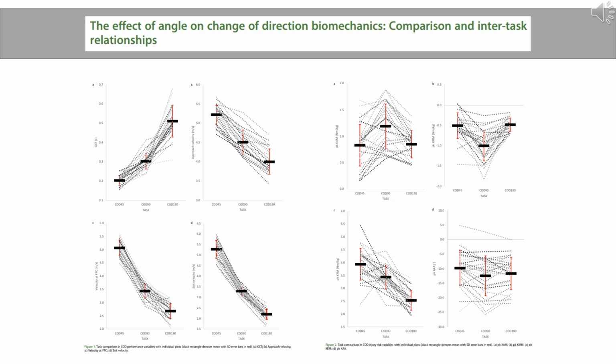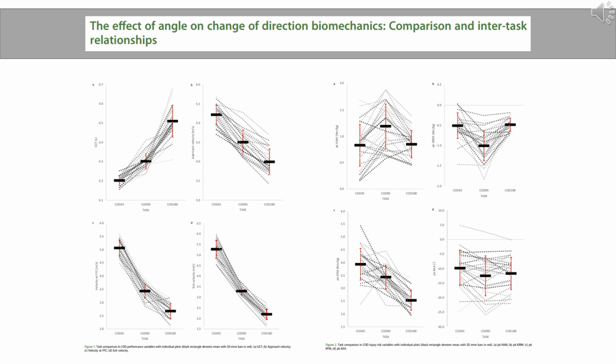The reason abduction moment is highest at 90 degrees is because we have to plant our foot and cut in a very specific lateral direction, which means we're looking at the angle of the knee relative to our center of mass. When we have to plant our foot and cut laterally, that creates a very, very high abduction moment when our center of mass moves laterally relative to our knee joint.